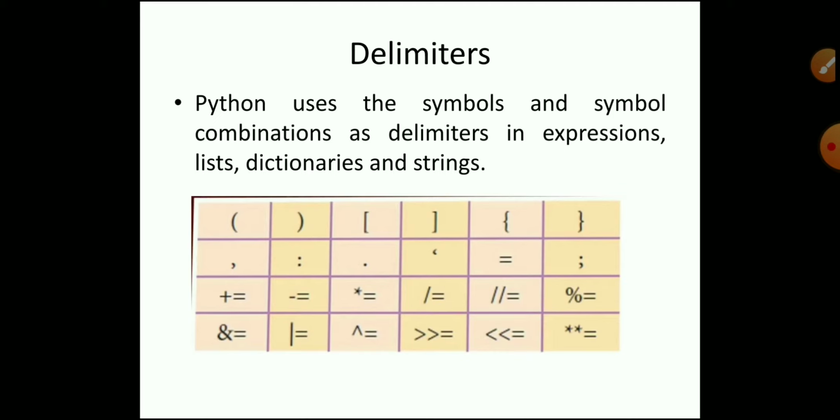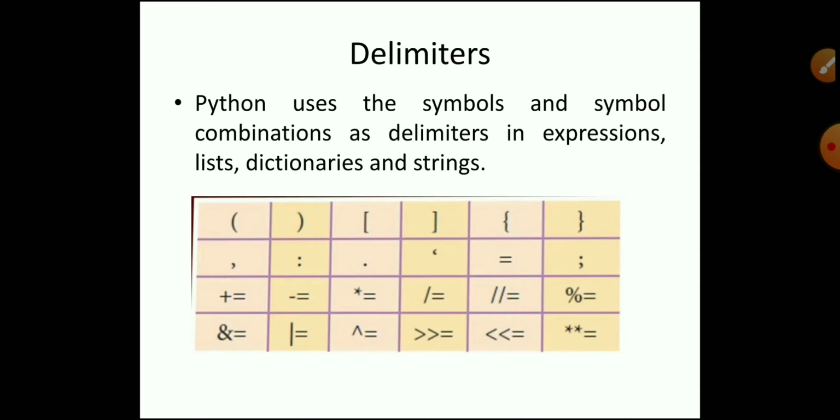Python uses symbols and symbol combinations as delimiters. That symbol combination is called delimiters, that is, punctuators. They are used in expressions, lists, dictionaries and strings. So in Python programming we use them in expressions, lists, dictionaries and strings.